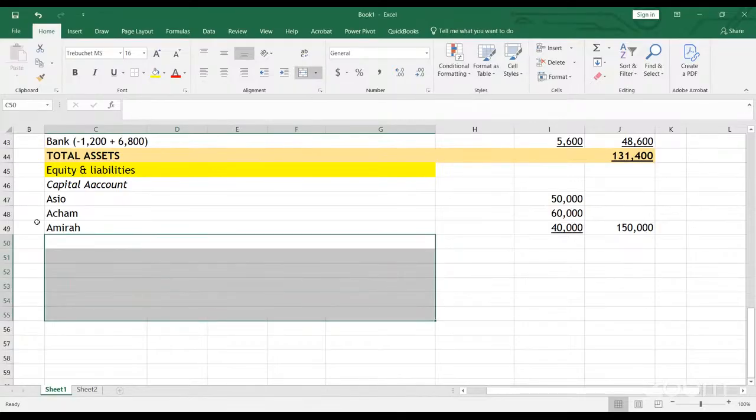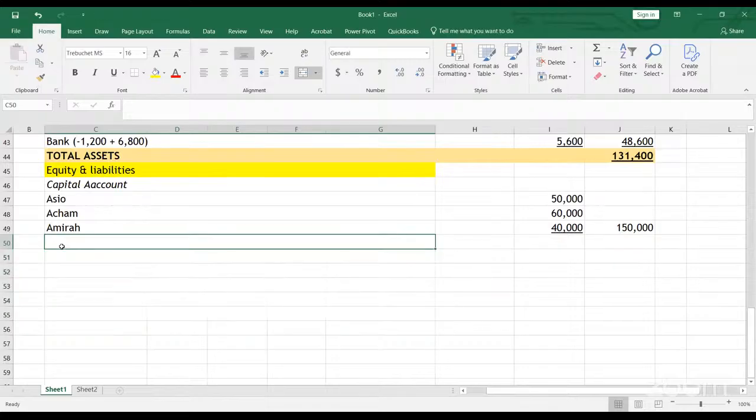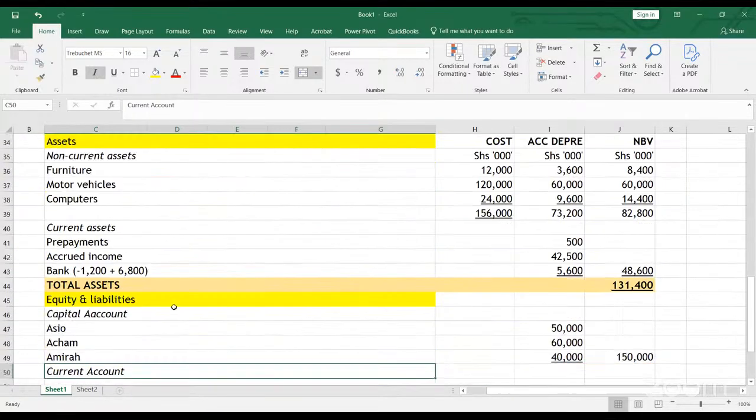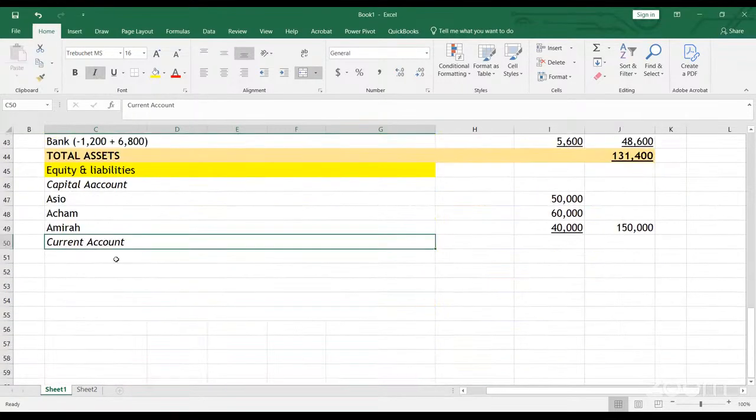Then you bring your current account as well. We bring the current account balances as well. However, these partners, their current accounts are negative. The current account has debit balances. It means that they withdrew more than the profit they had on their account.